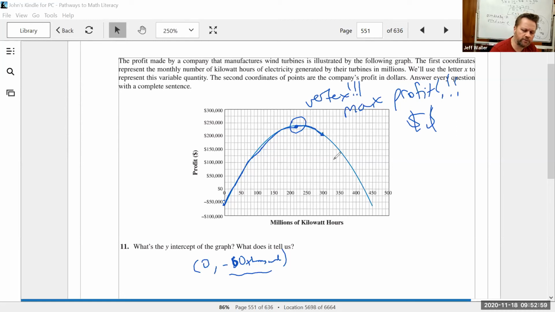They're over generating electricity and wasting resources, and that's why their profit goes down. So it kind of makes sense. Did we have to know all that for this problem? No, but I'd like to point out that from the visualization of the algebra, the graph we create, we can get an immediate idea of several physical things happening.